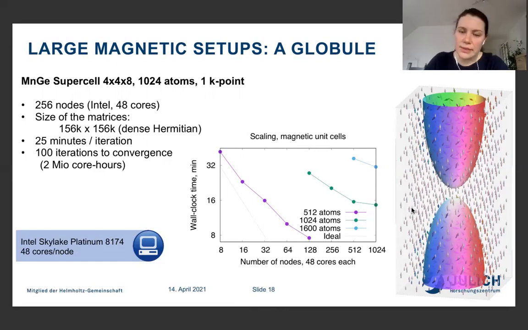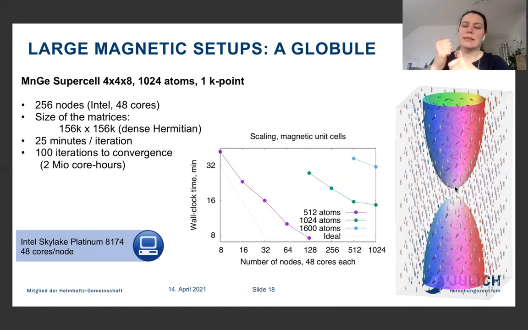And you see that outside the globule, all the magnetization vectors point in one direction, up. Inside the globule, we have vortices, so that in the middle, on the axis, the magnetization points down. So here at the edges, you have a point where adjacent magnetization vectors look in different directions. These are called Bloch points.